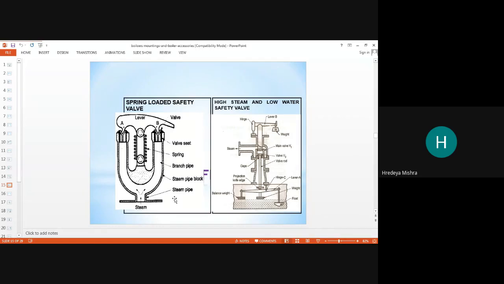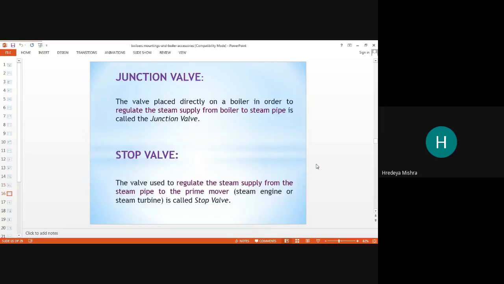If steam pressure keeps getting higher and there is no way to decrease it, then the boiler chamber must blast due to the steam pressure. So it is required that we can release the pressure when pressure is high, and this work is done by the safety valve.